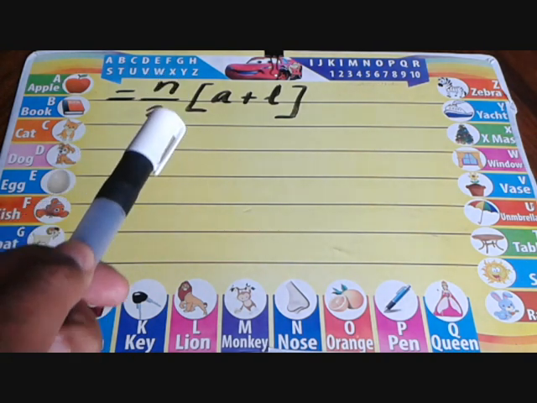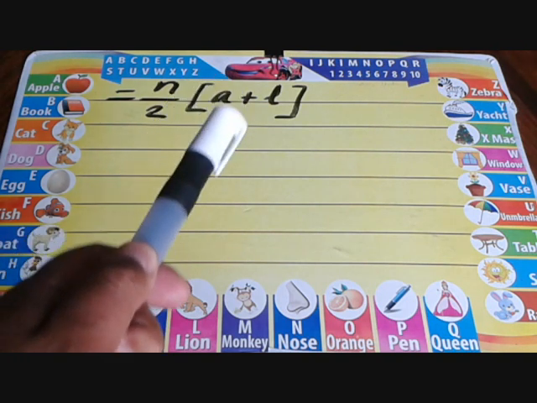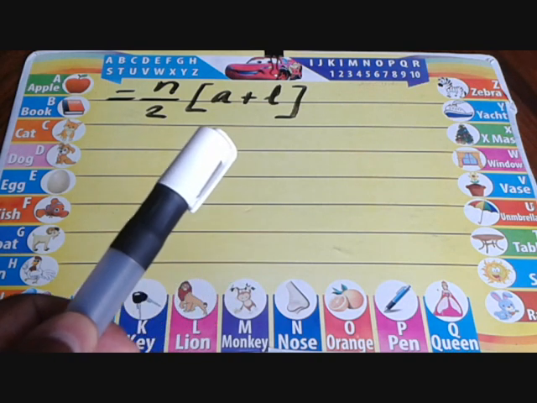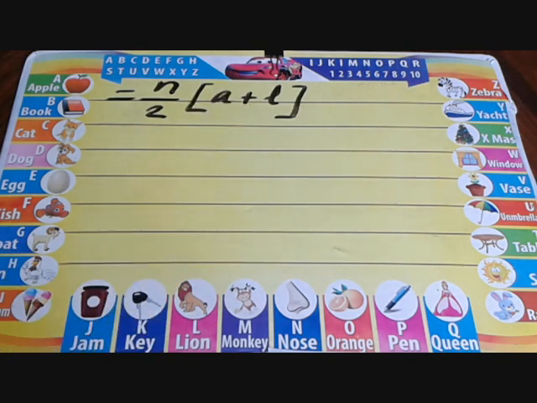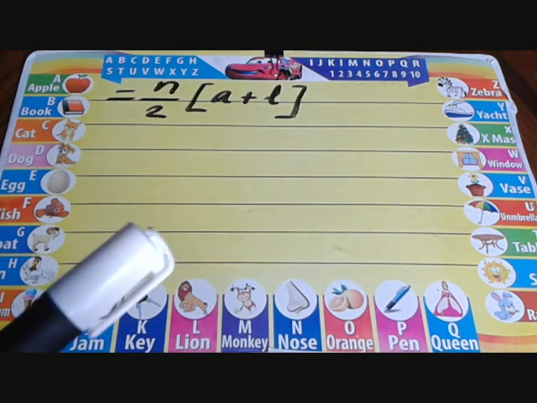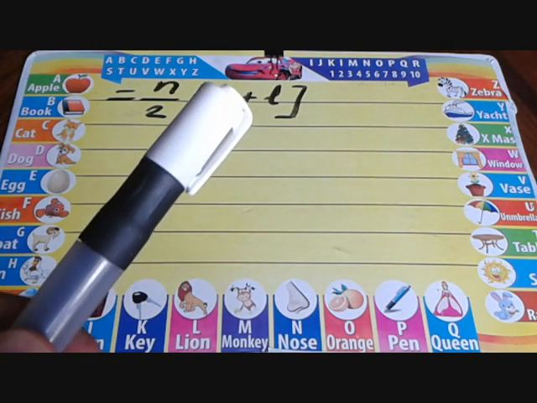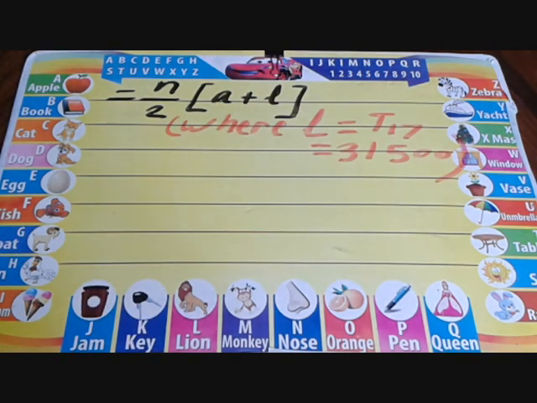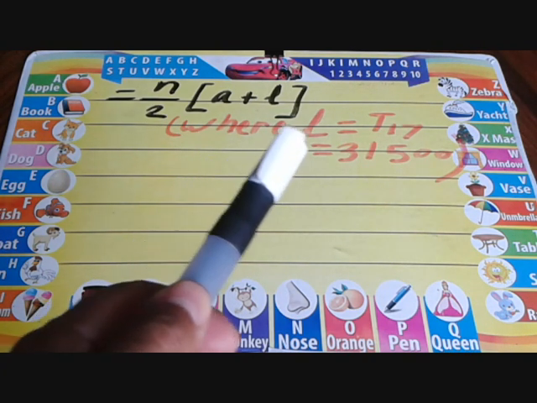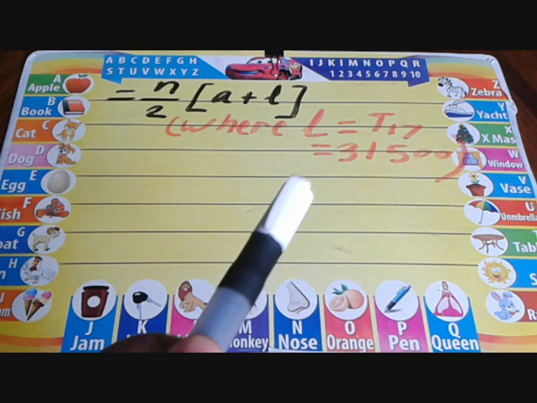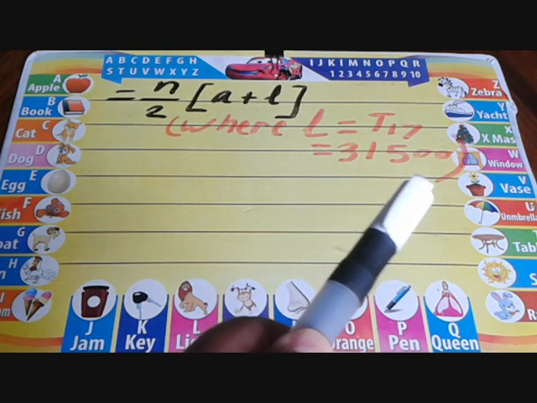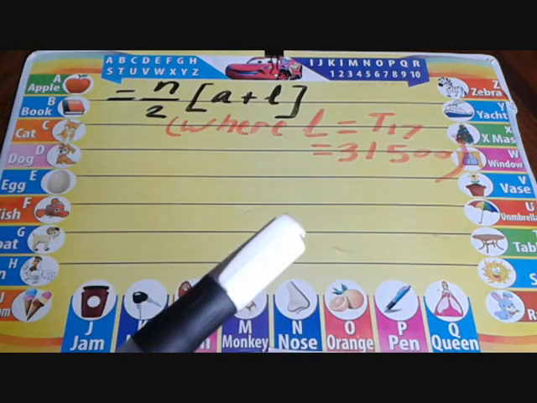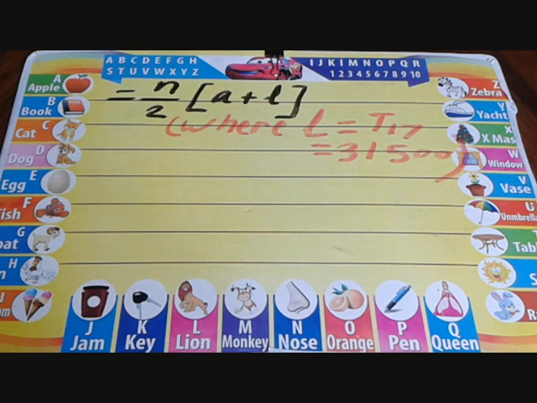It equals n over 2 times A plus L, according to the rule, where L equals T17 equals 31,500. By substitution in the rule, what will we have?